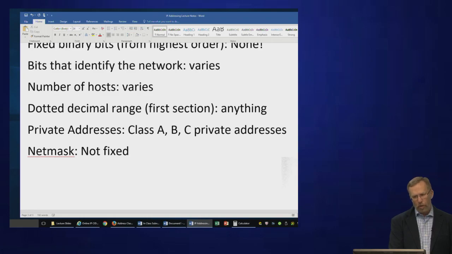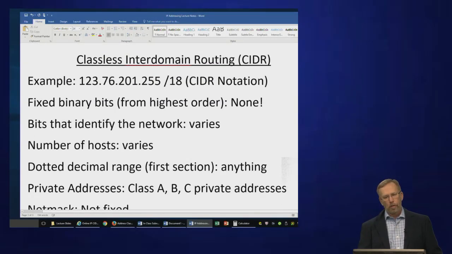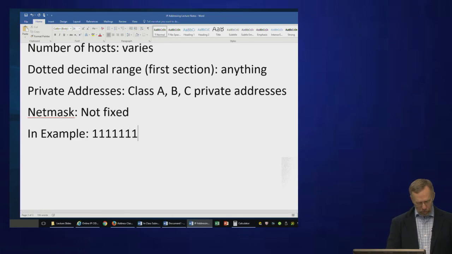In the example, we have a /18 up here. So what that means is we would have, well, I'll tell you what, I'm not going to do it in binary. I would have 18 ones and 14 zeros. But let's do it in dotted decimal. The first section is going to be 255, that's 8 bits.